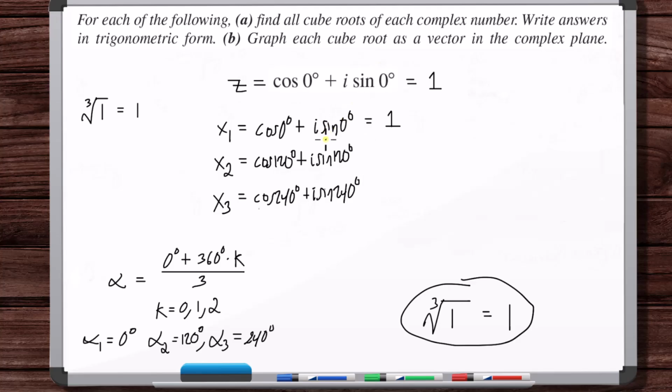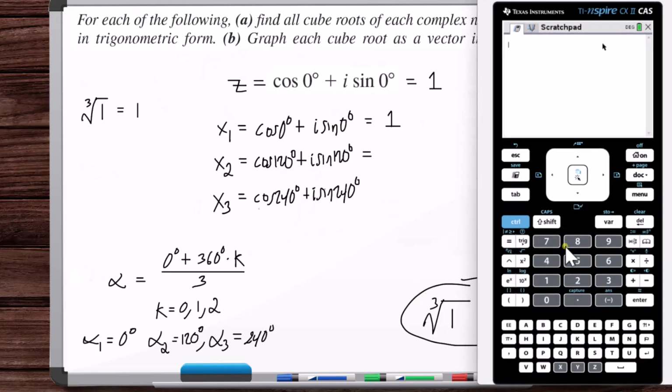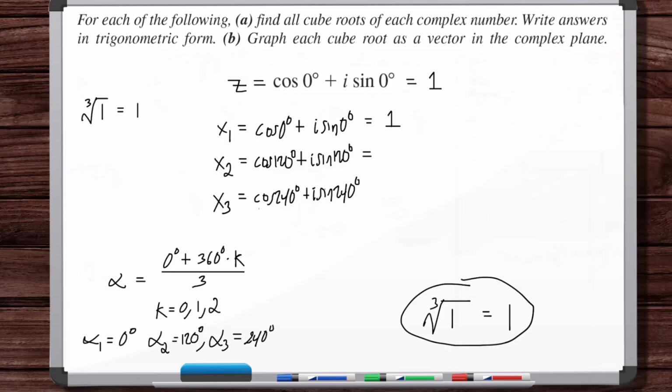Okay, so all right, now let's put this in rectangular form. So we've got cosine 120 plus i sine 120. So minus 1/2 plus root 3 over 2 i.